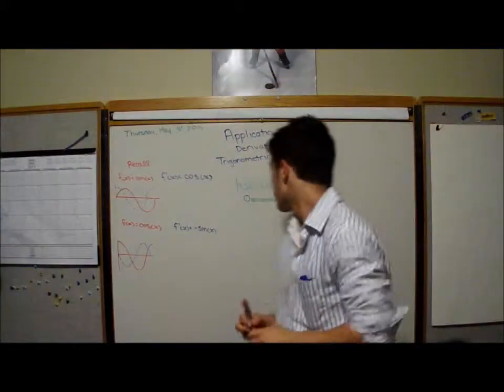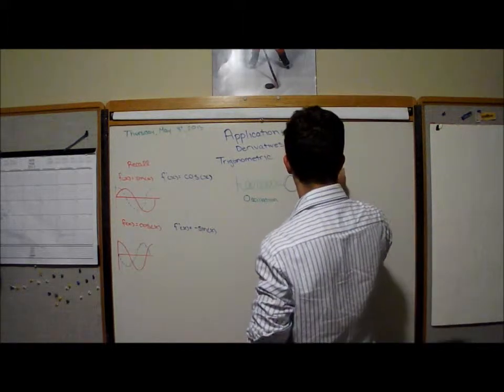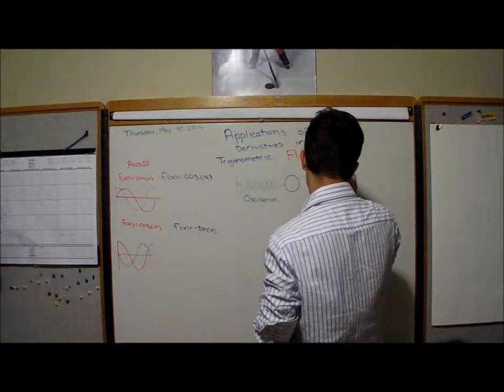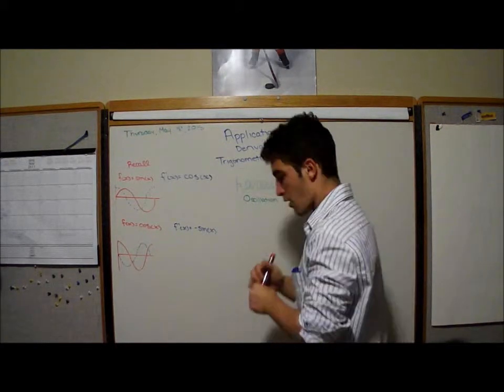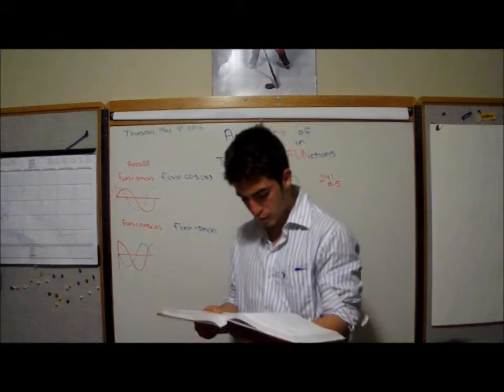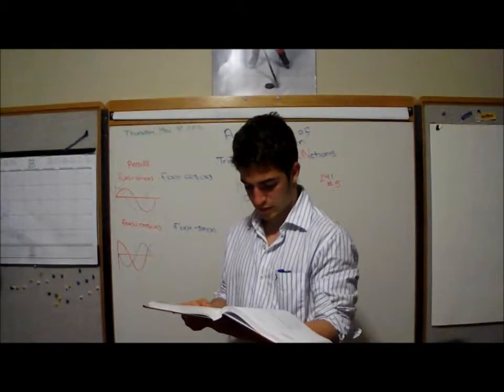So let's begin. On page 241, number 5. The question says, a marble is placed on the end of a horizontal oscillating spring.